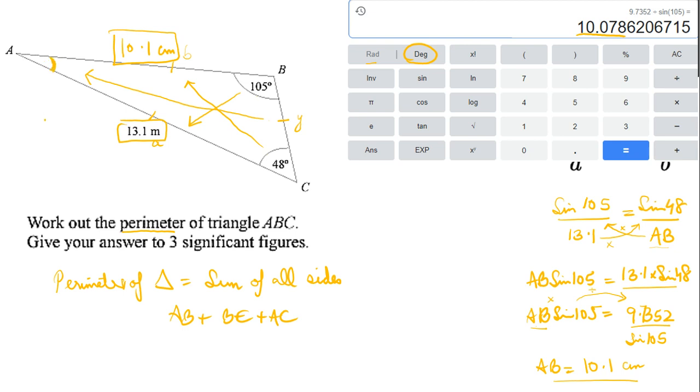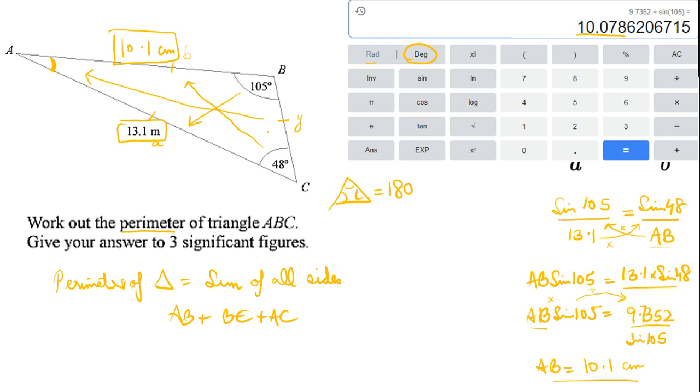Now how would I find my angle A? Again, keeping in mind that in a triangle, the three angles always add up to 180 degrees. So this 105 and the 48, plus this third angle, angle A, all end up as 180.